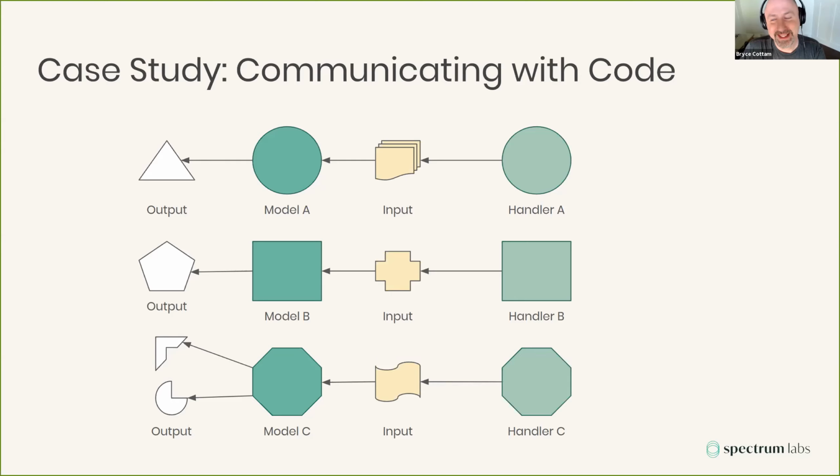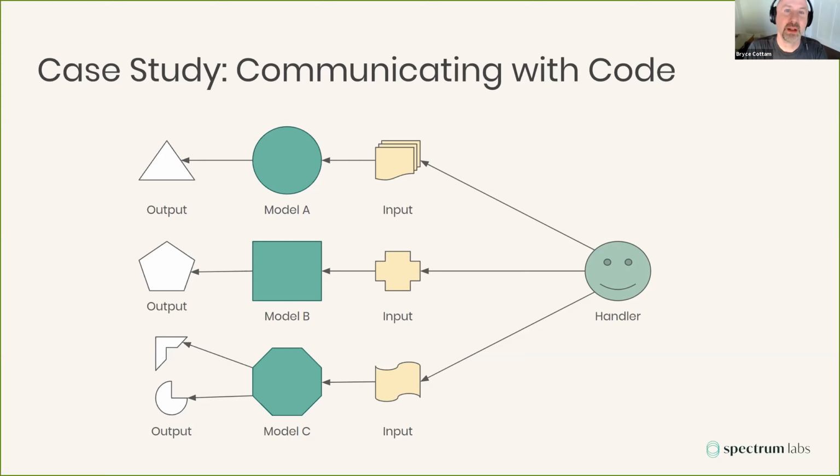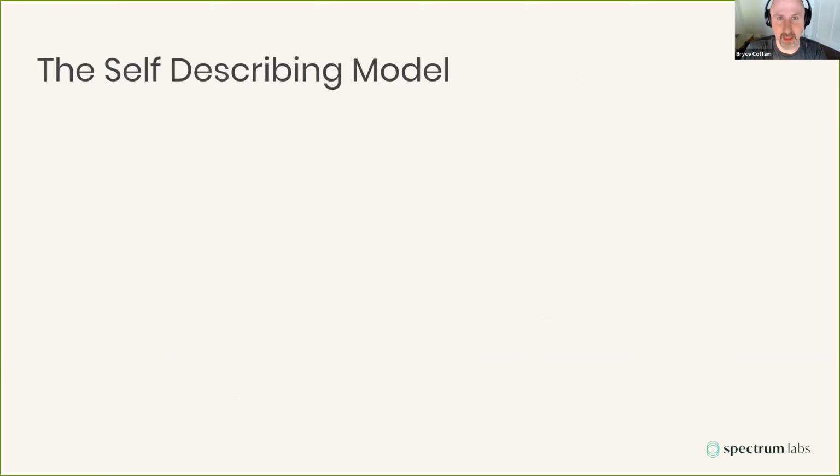But one of my favorite quotes about engineers is that good engineers are lazy. They want to solve a problem once and reuse that. So I would really love a happy handler that happens to know how to talk to any given model within some constraints. So we introduce the self-describing model. I think it's true in the graph of pretty much all formats.